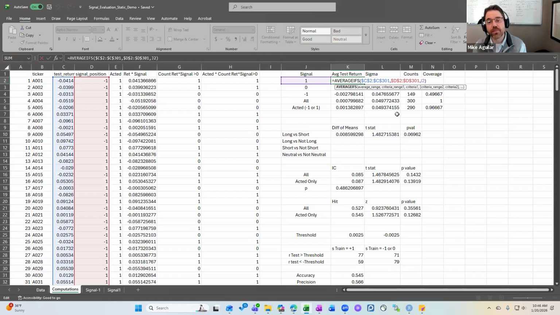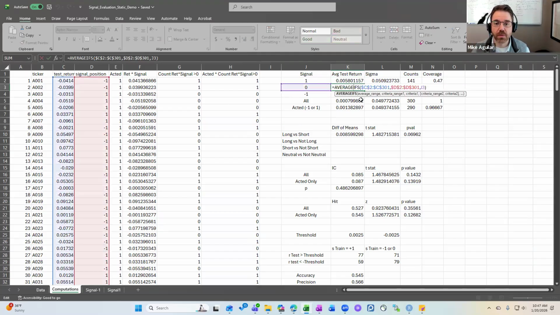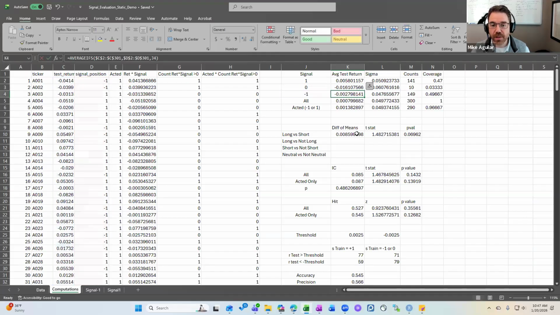If you want some more info on that, let me know. But I constructed the average with a conditional statement only for those where that column D is equal to 1, where the signal position is suggesting long. I did that for neutral. I did that for short. And then I took the difference between the long and short average returns.